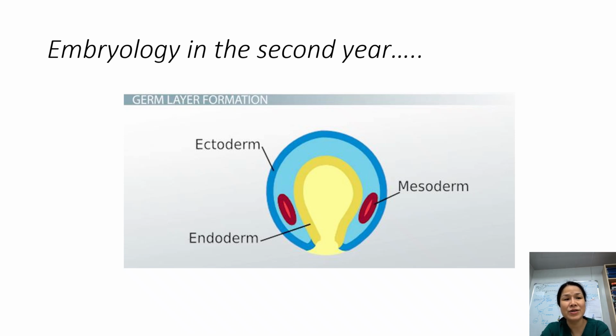Mesenchymal stem cells come from the mesoderm. So if you remember which tissues originated from mesoderm, you're going to remember which ones have MSCs.